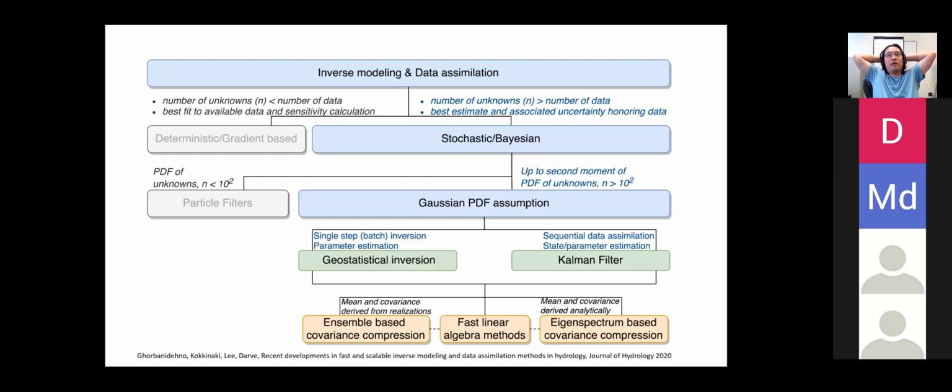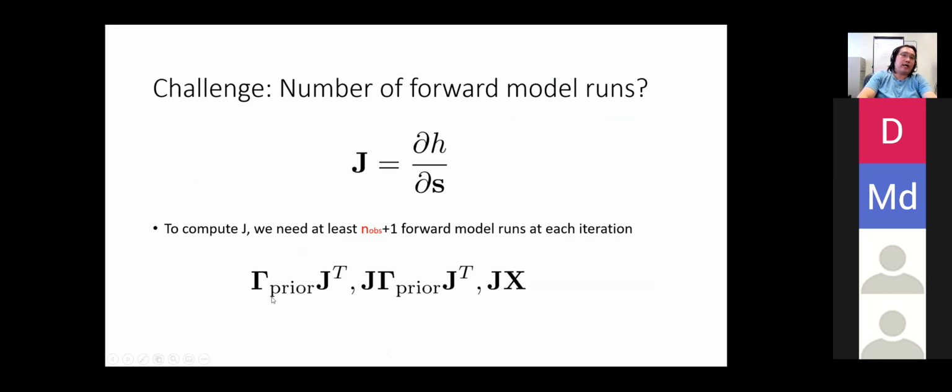You can propagate these realizations through your numerical model, or forward model, and then calculate. This is actually an approximation of this kind of dense matrix algebra, with some statistical error.